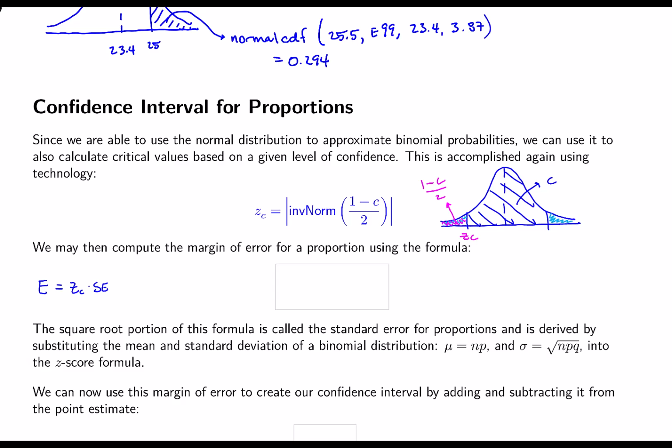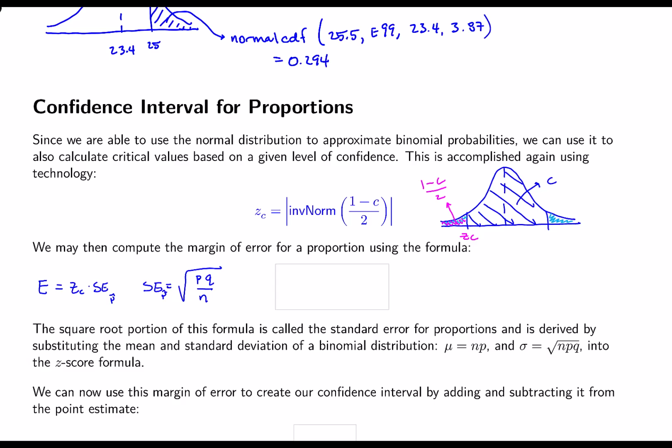If we're working with proportions, we know from a previous lesson that the standard error for proportions is the square root of p times q divided by n, which is related to the standard deviation of a binomial being the square root of n times p times q.